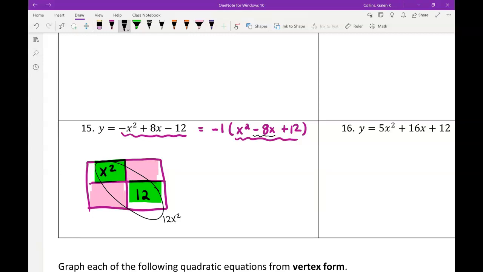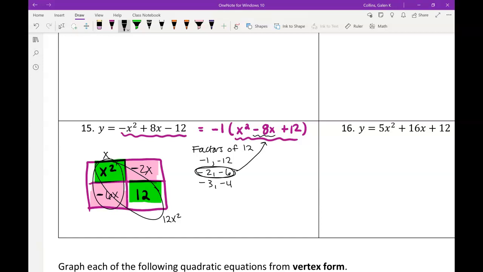All right, so if I think of factors of 12, I have -1 and -12, -2 and -6, -3 and -4, but only the -2 and the -6 will work for us because they have a sum of -8. So -2x, -6x.